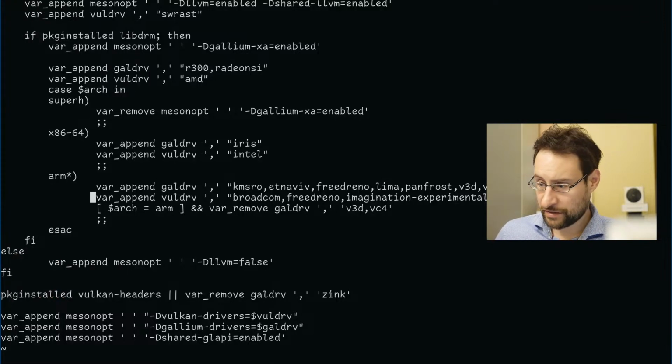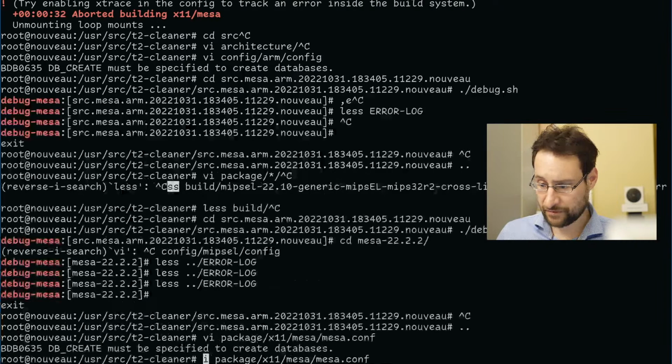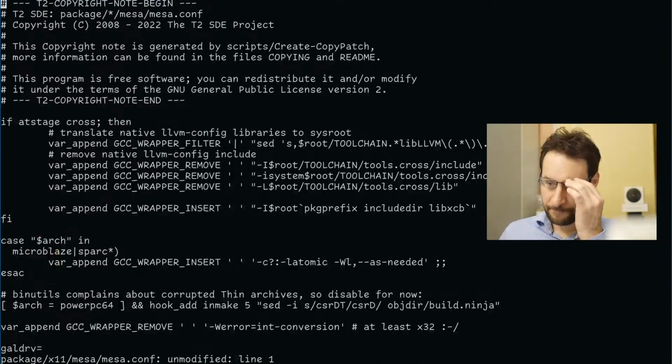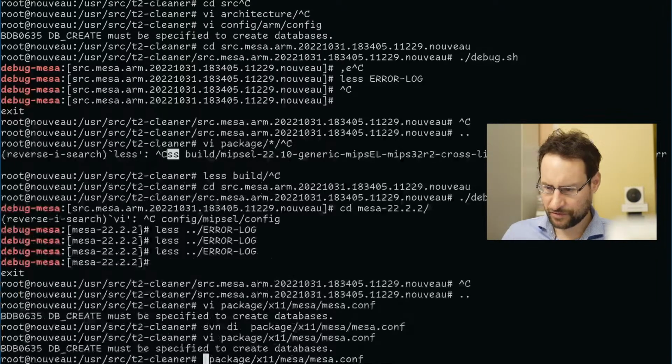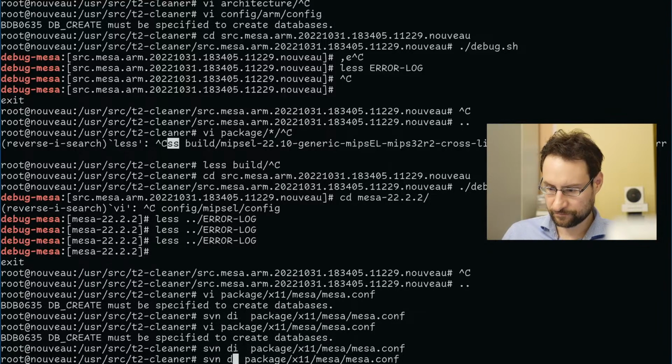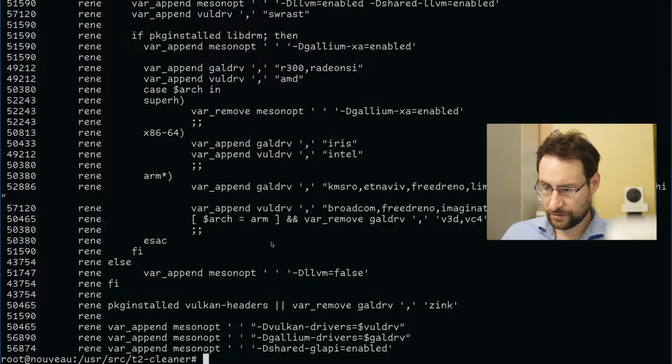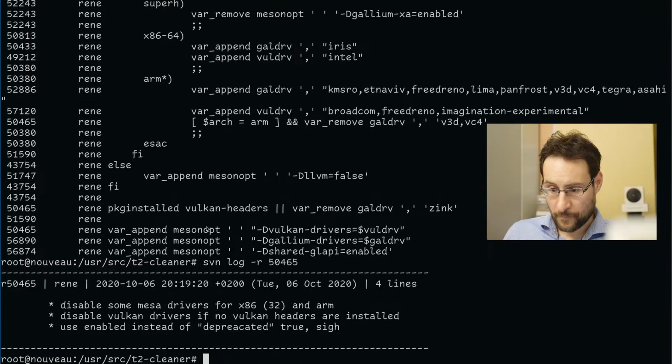So we could, did we not already? Interesting, which other was that? Did we commit this? We have already removal of some drivers for ARM, maybe for such a reason. Did we commit this already? Apparently. Maybe that doesn't fully work anymore, or that actually was quite a while ago. Disable some Mesa drivers for x86 and ARM.